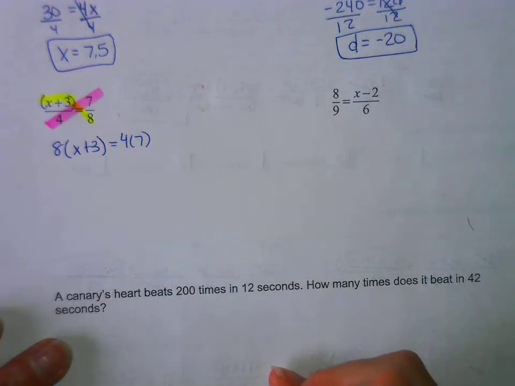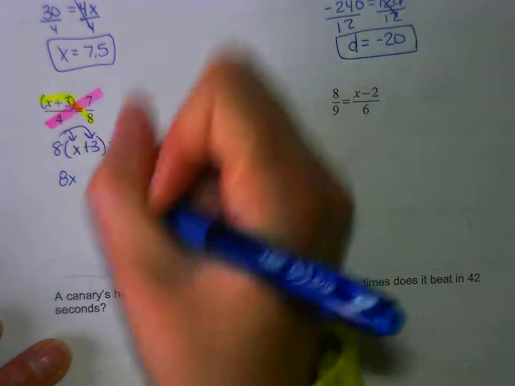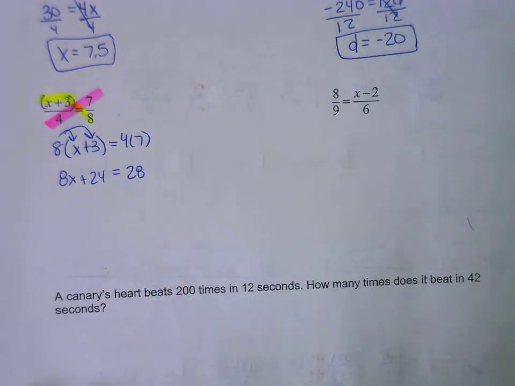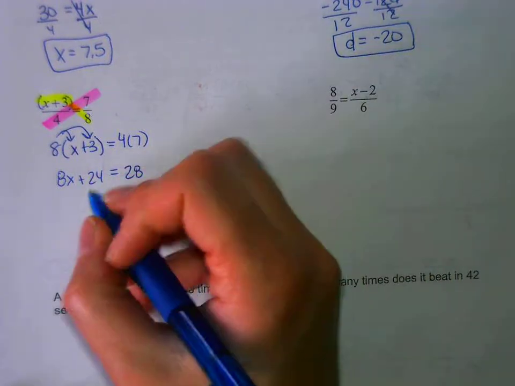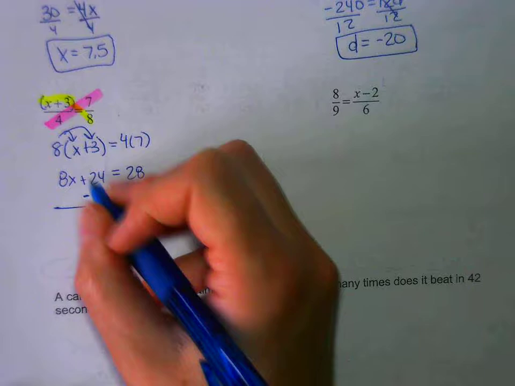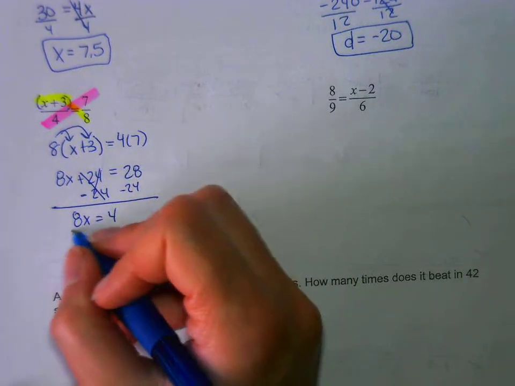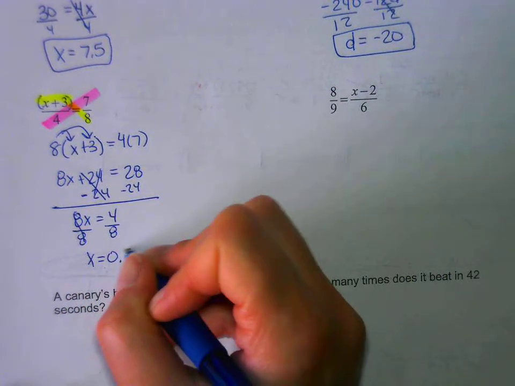So I first need to distribute. 8 times x is 8x. 8 times 3 is 24. And 4 times 7 is 28. So I have a two-step equation. I'm going to subtract 24 from both sides. 8x equals 4. Divide both sides by 8. X equals a half.